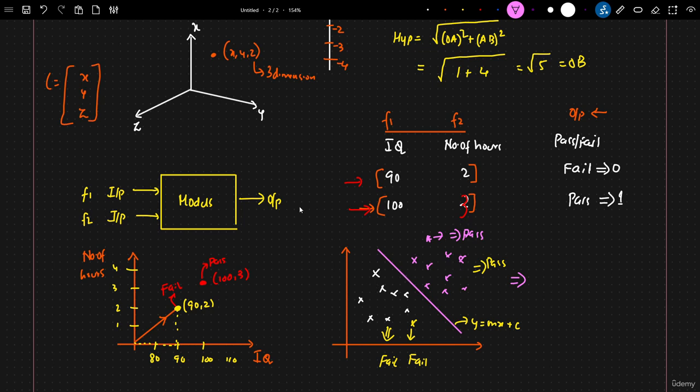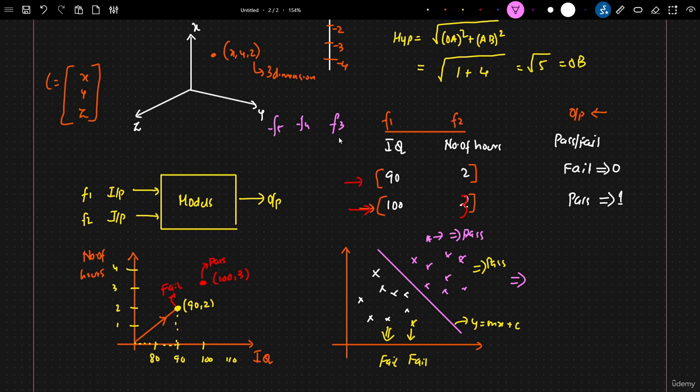But the main idea here is that every data point in our data set is represented in the form of vectors. Now there may be many scenarios where I also have other features like F3, F4, F5. In this kind of case, at most with our human eyes we can only see 3 features.